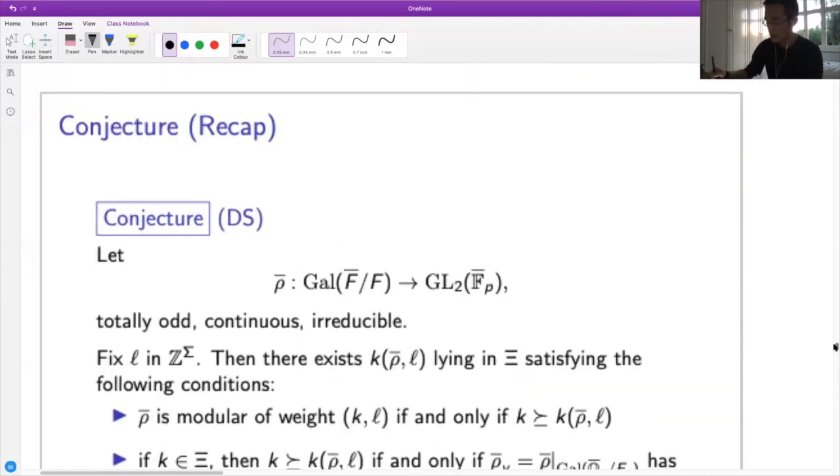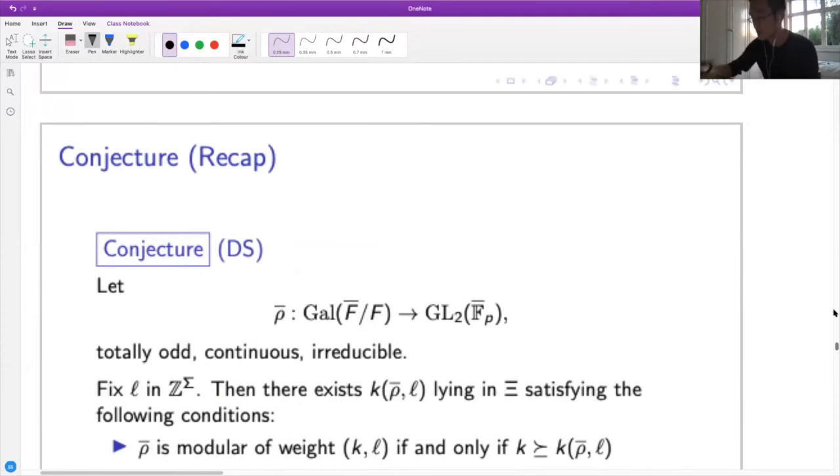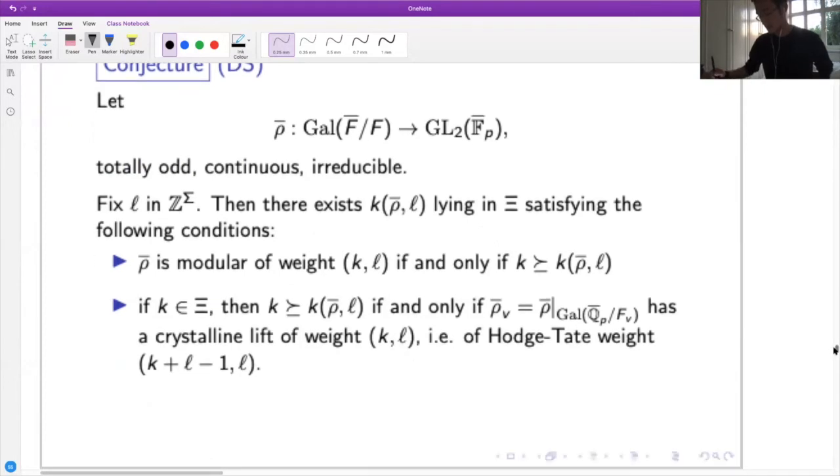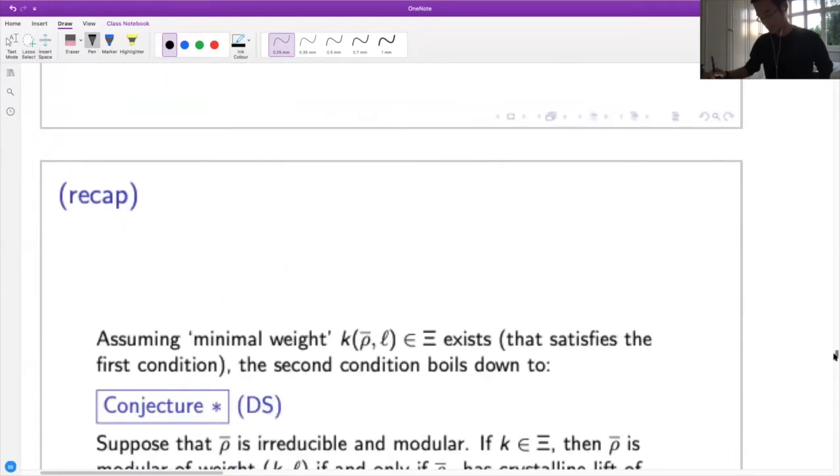Okay, so let me give a recap before the most interesting part. The conjecture was saying that if I'm given the mod p Galois representation, there exists a set K(rho bar, l), which is characterized by two conditions: rho bar is modular of weight (k, l) if and only if k is greater than or equal to the minimal weight. And these weights are characterized by the existence of a crystalline lift of that weight.